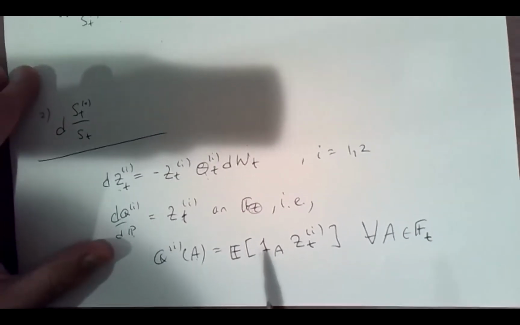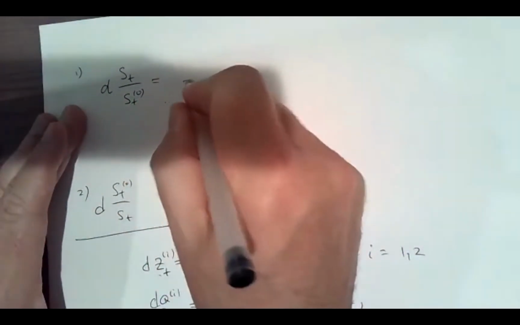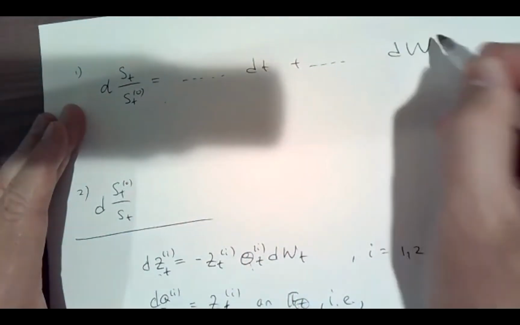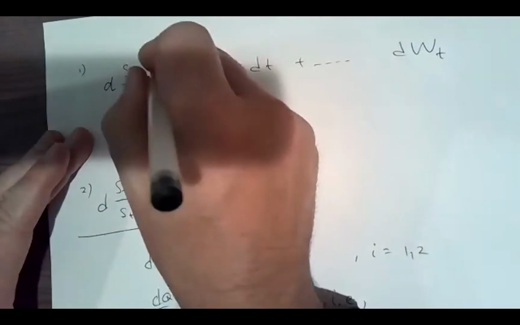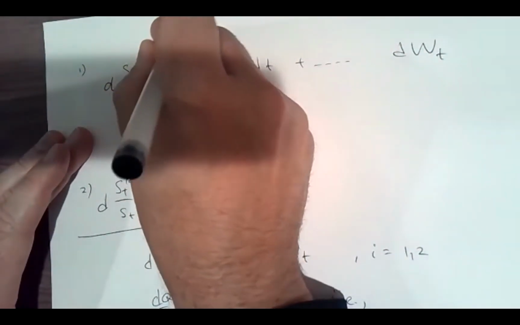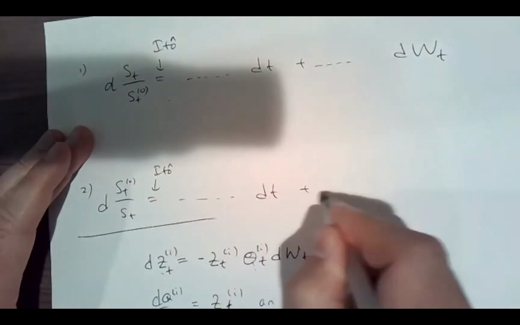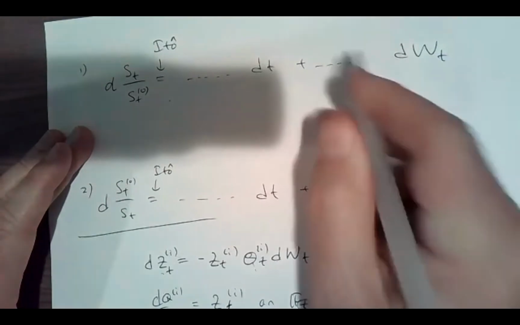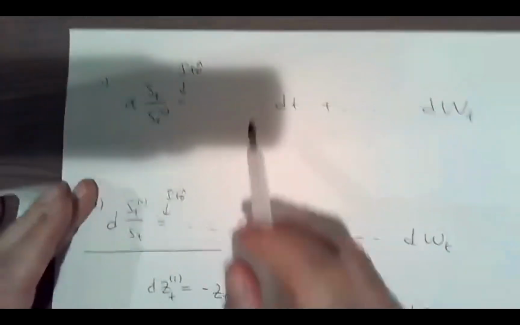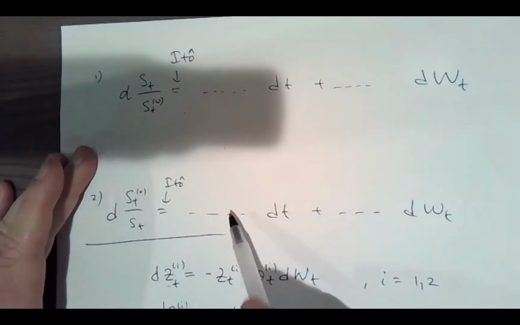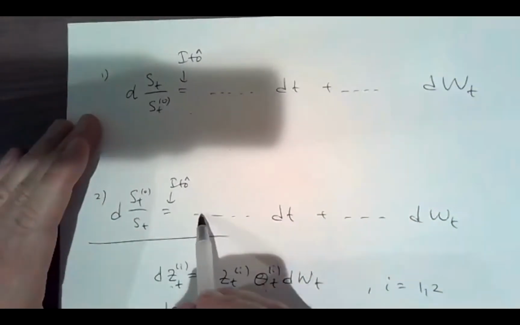Right, so you compute what this is using Ito's lemma. You're going to get something here, and you're going to get something here, which is again going to be Ito's lemma. Whatever you get is going to be different in the two questions. You want it to be a martingale.